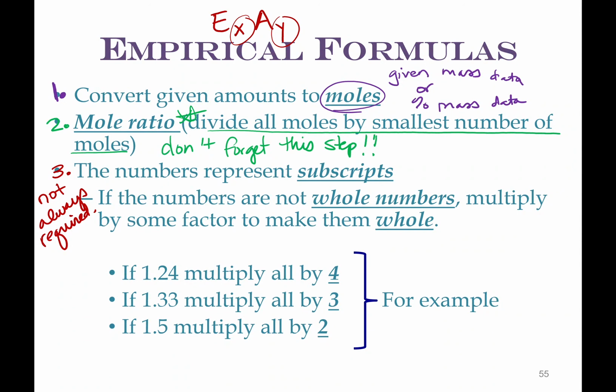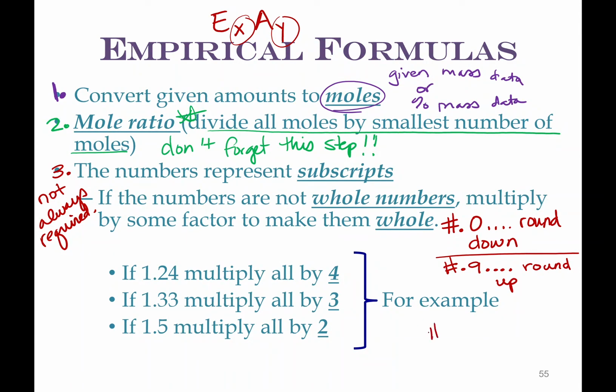So when we're going through, and from step number 2, if the number is some number .0 something, you can round down or just leave it alone. If the number is .9 something, you can round up.